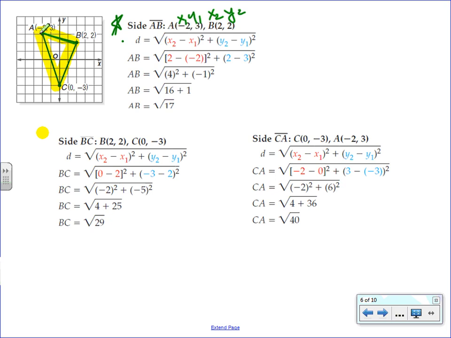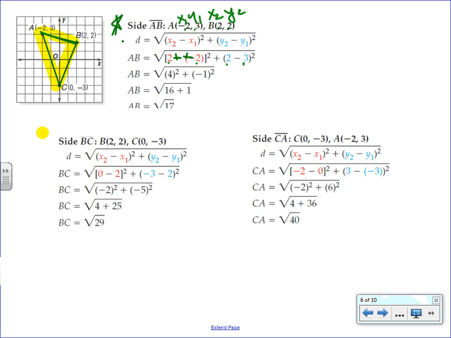So I'm taking x sub 2, which is 2, and writing x sub 2 here. And x sub 1, which is negative 2, so I'm going minus a minus 2. That'll change to a plus. I'm going to square that. And then I take y sub 2, which is 2, and put it here, and y sub 1, which is 3, and subtract it. 2 minus 3.